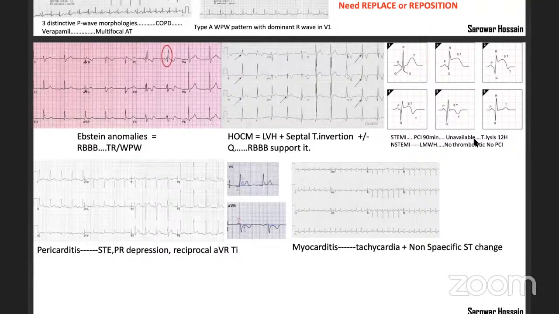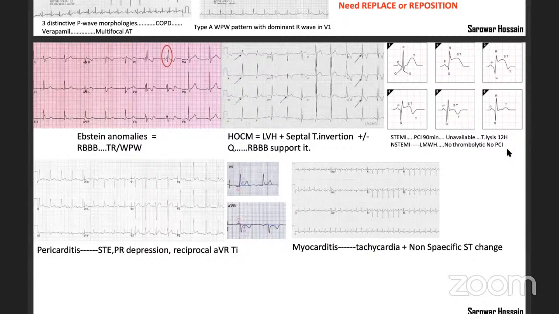If not available, they should do thrombolysis. I'm not sure what exactly they mean by 12 hours. Within 12 hours, plan for PCI, and after 12 hours, we first attempt thrombolysis.